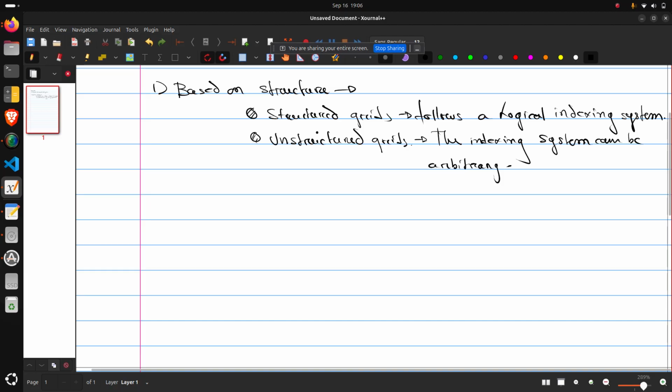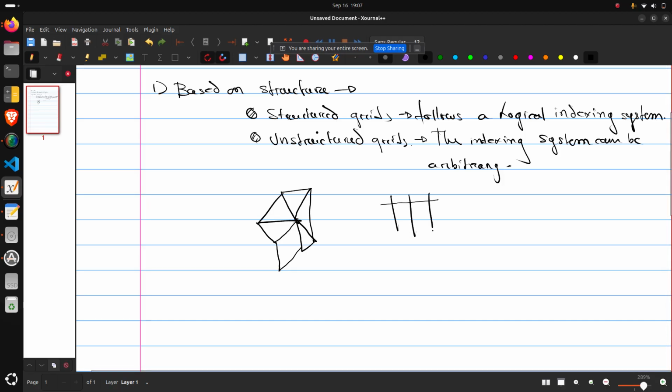I am just talking about the interior of a domain. It can have a cell arrangement like this, some arbitrary one, composed of triangles, quadrilaterals, parallelograms, whatever. So there is no logical system behind numbering each of the grid lines. But if you see a structured mesh, they are organized in a very logical manner.